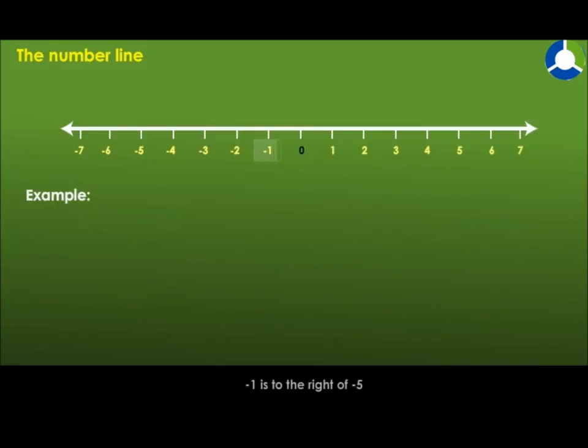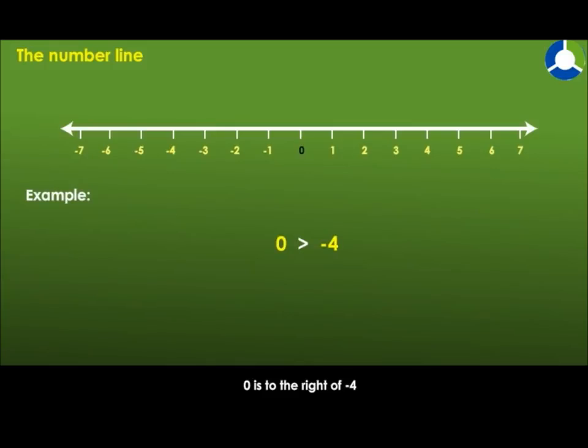Example: negative 1 is to the right of negative 5. Therefore, negative 1 is greater than negative 5. Positive 2 is to the right of negative 7. Therefore, positive 2 is greater than negative 7. 0 is to the right of negative 4.